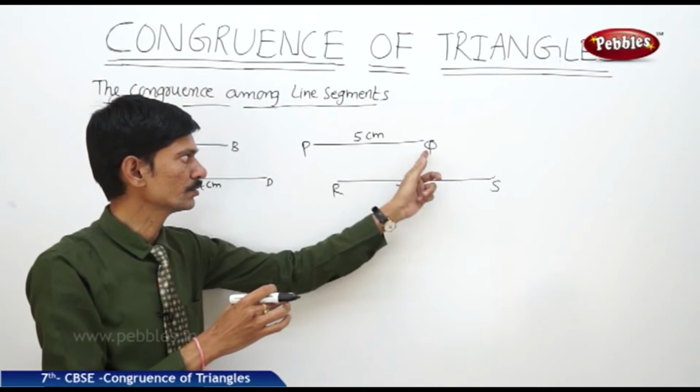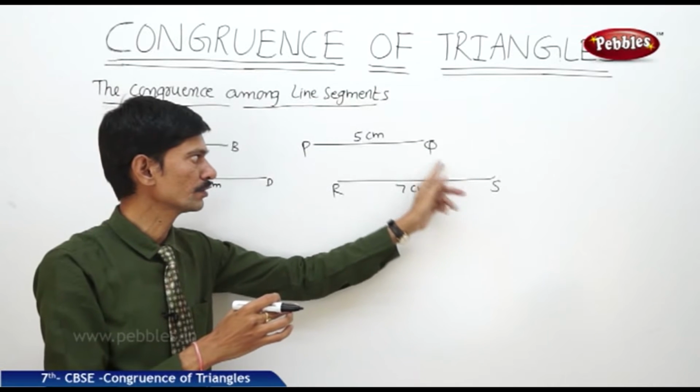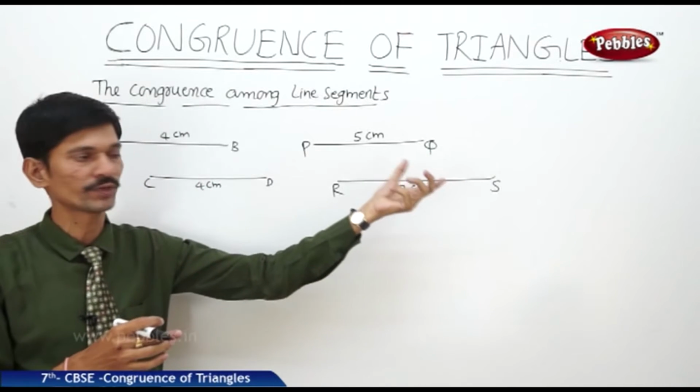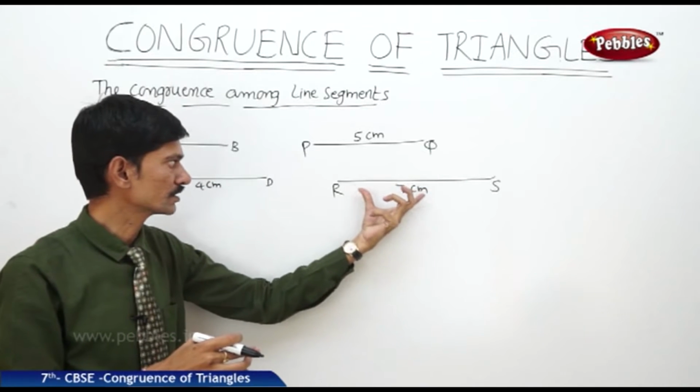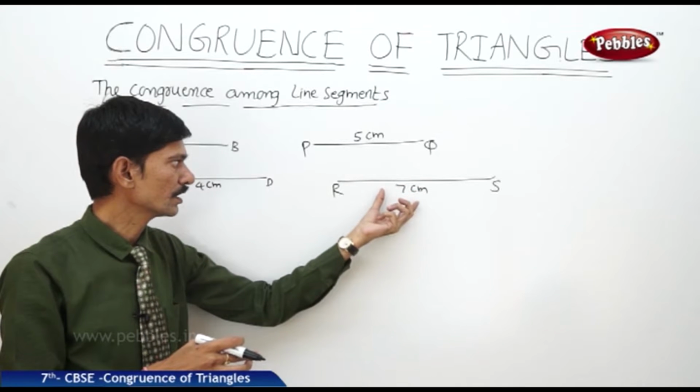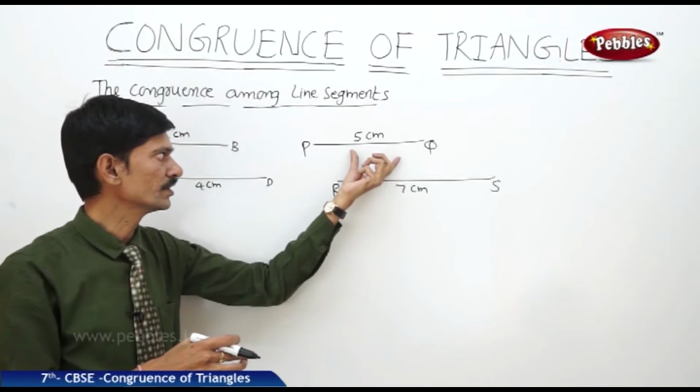Here we can observe that the two points Q and S do not coincide with each other, because the second line segment's length is more than the length of the first line segment.